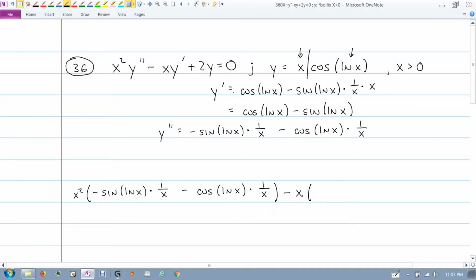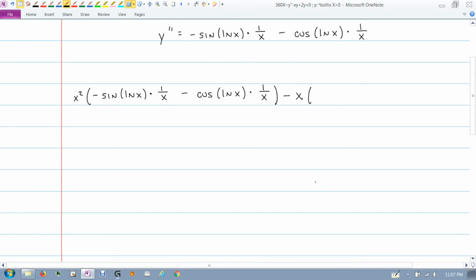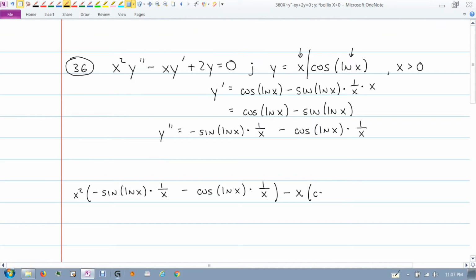So y prime, I'll just write it down as cosine natural log x minus sine natural log x, and then plus 2 times y, 2 times x cosine natural log of x. Oh my gosh, that's terrible.